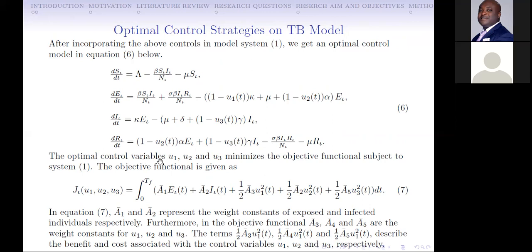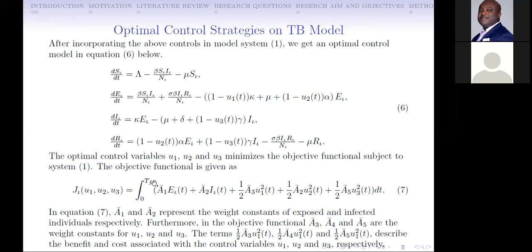The optimal control variables here, U1, U2, and U3, minimize the objective functional subject to System 1. The objective functional is given as the integral from 0 to t final.